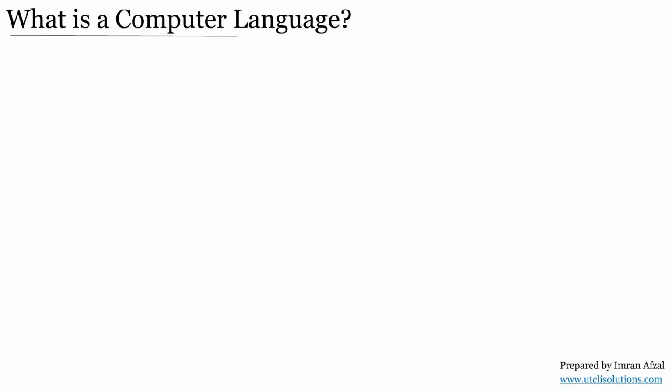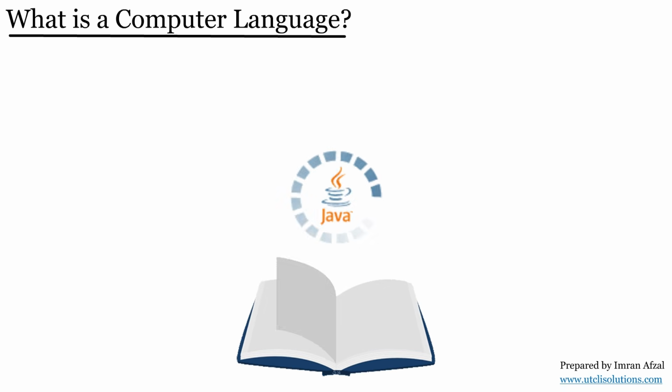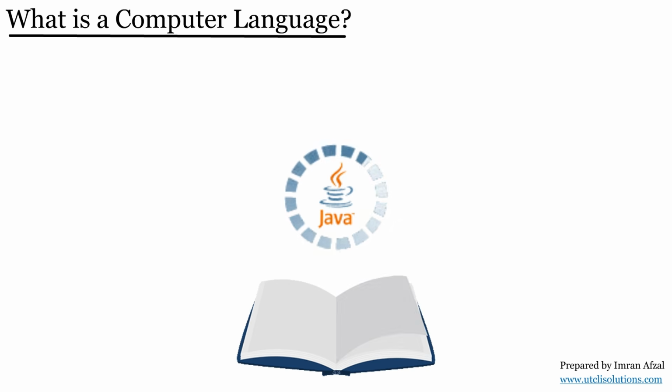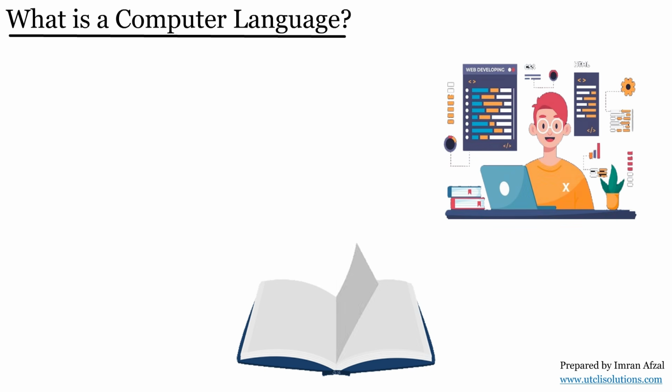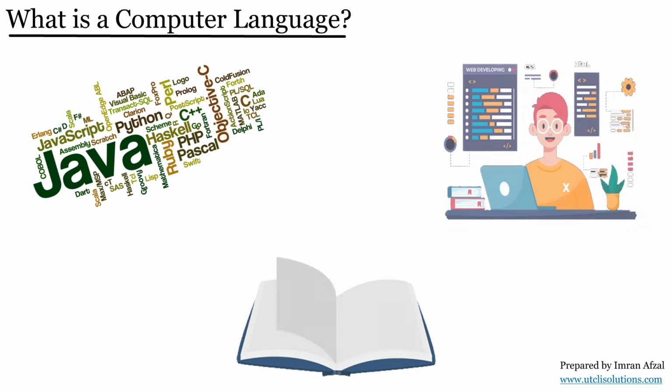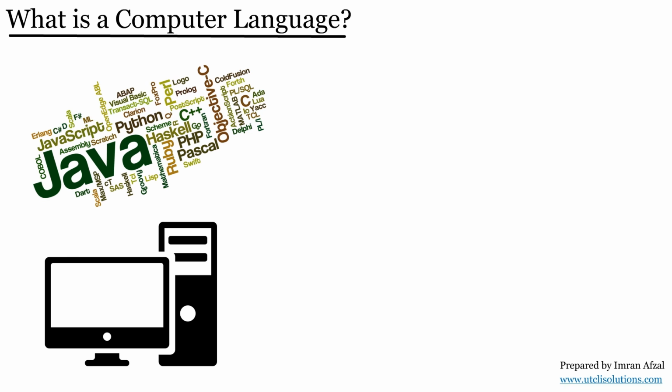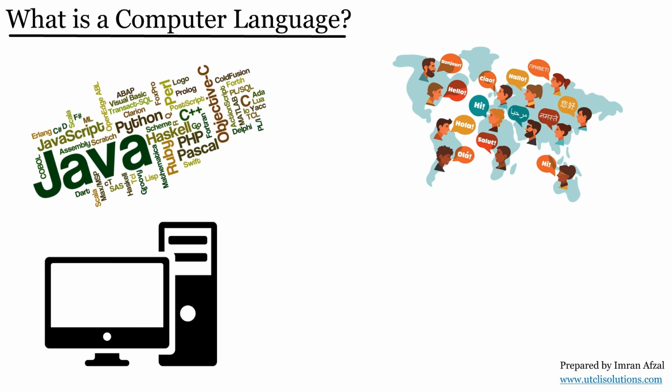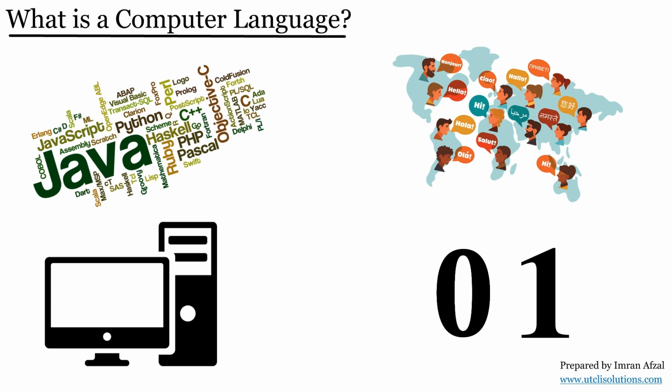What is computer language? Before we explore the topic of Java programming, first it is very important that we understand what is computer language. Computer does not know any human language. So they don't know English, French, Chinese, or any language for that matter. It only understands zeros and ones.